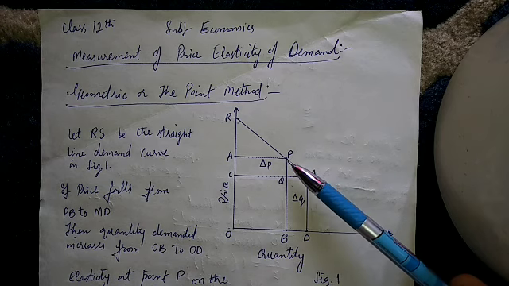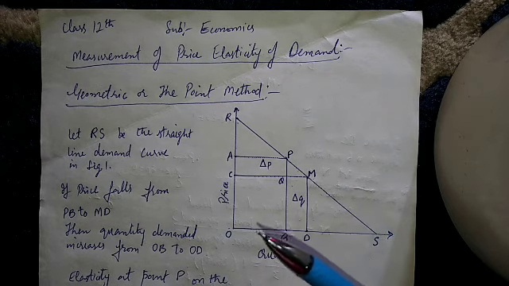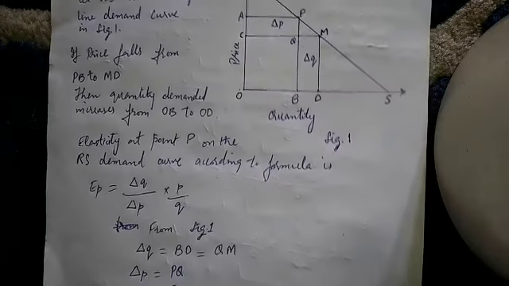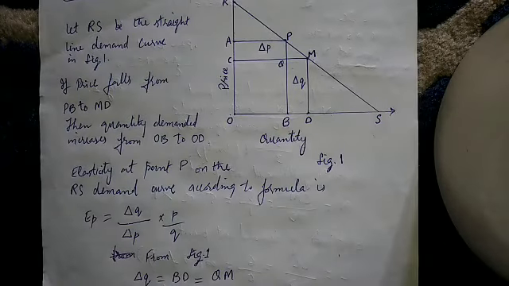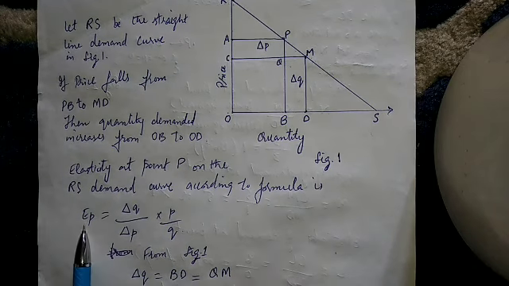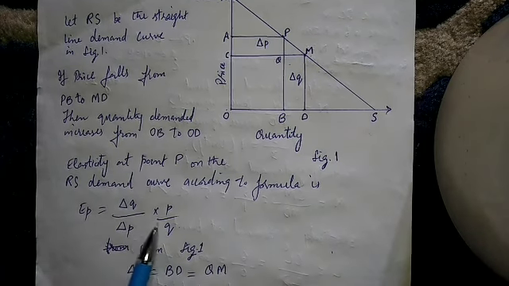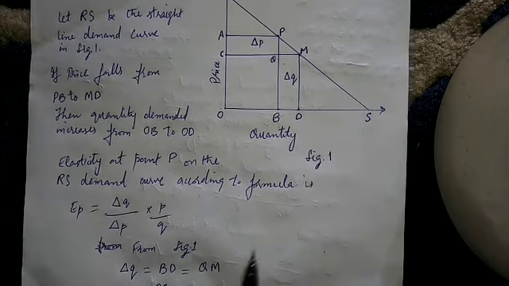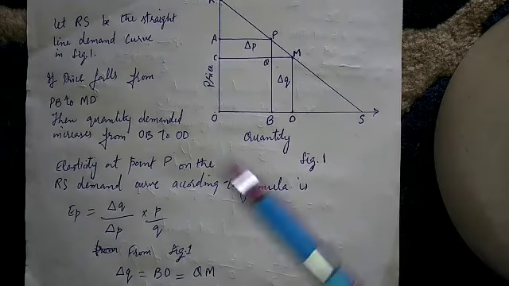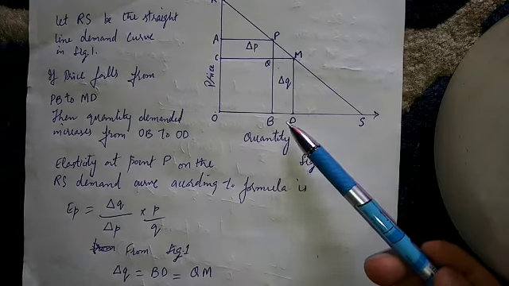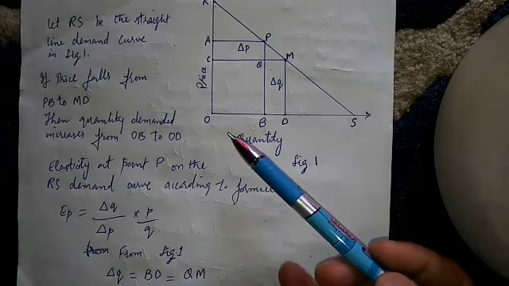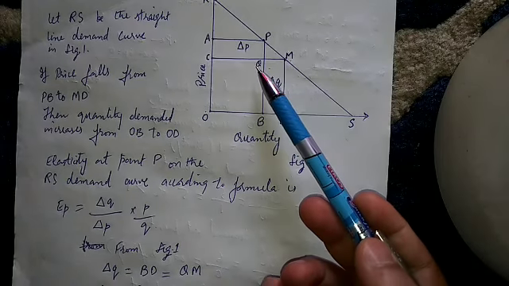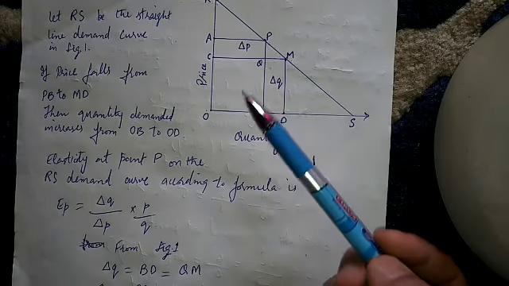Elasticity at point P on the RS demand curve, according to the formula, I can show you here. Price elastic demand is equal to change in Q by change in P into P by Q. In this figure, change in Q is equal to BD, also equal to QM.